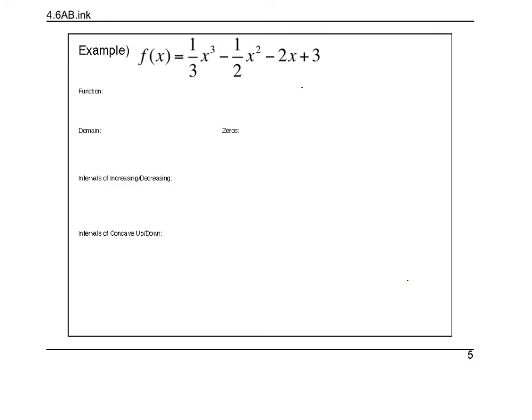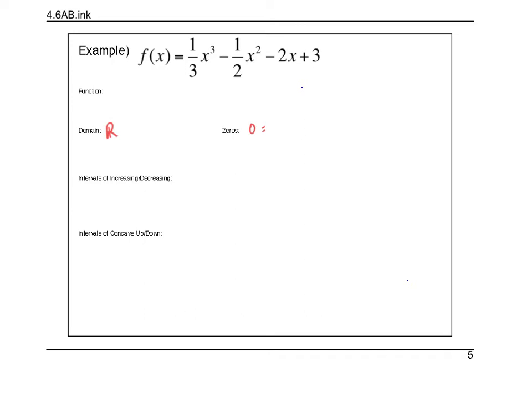Okay, so here's our first example. We're just looking at a polynomial. So first of all, thinking about the domain, anytime we have a polynomial, right, the domain is all real. No restrictions. If we move on to our zeros and we set this function equal to 0, what I'm going to do is I'm going to multiply by 6.